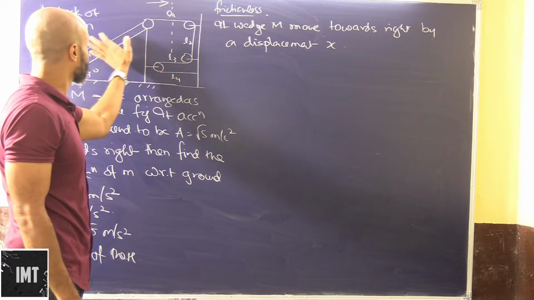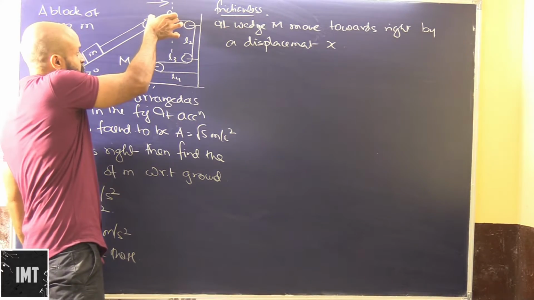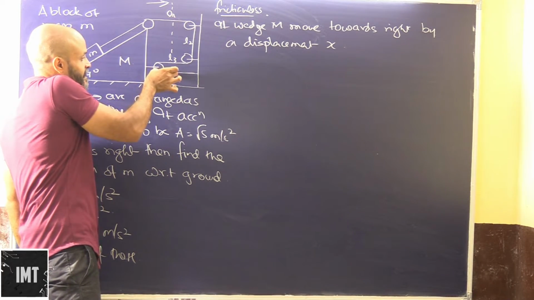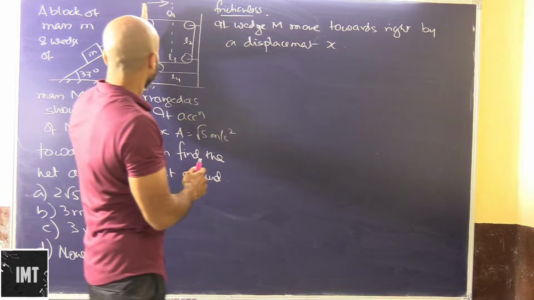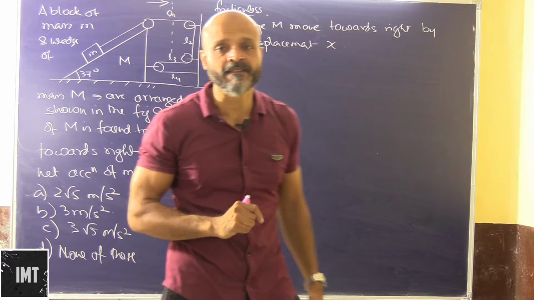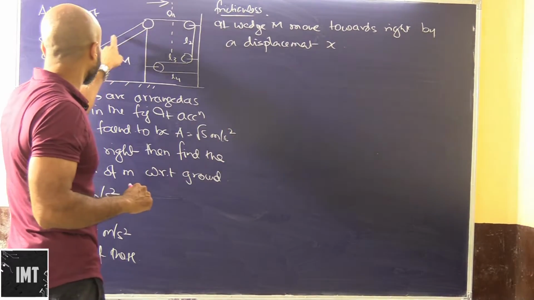the length of the string, remember this is just one string, how much is getting reduced here? x, here also x, here also x. So 3x, the total reduction in length will be 3x. Where will this 3x go? Obviously in this one.